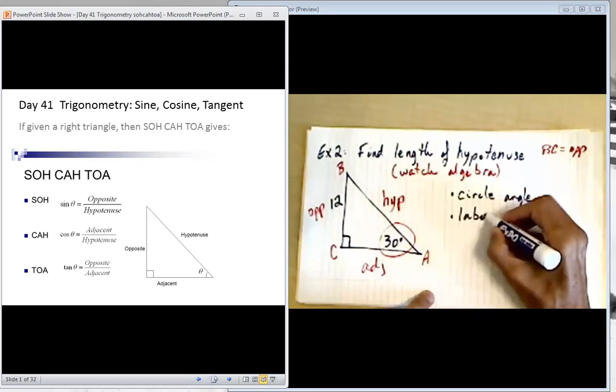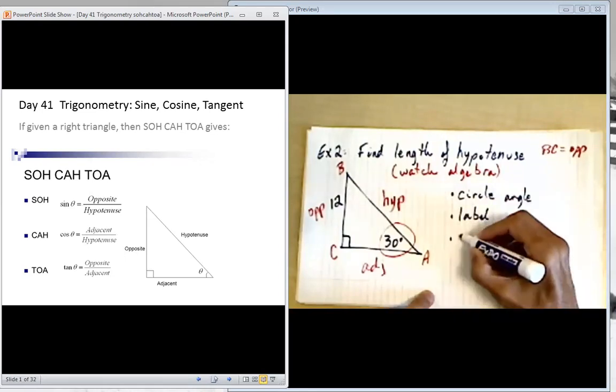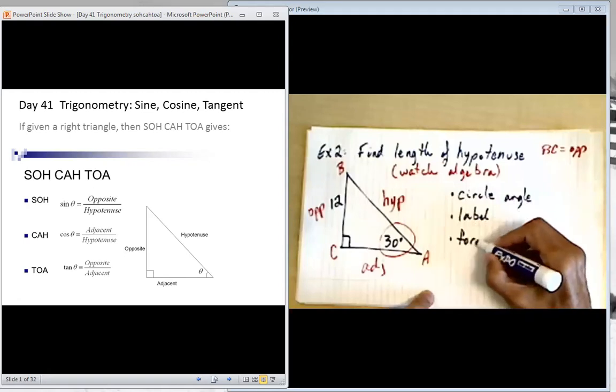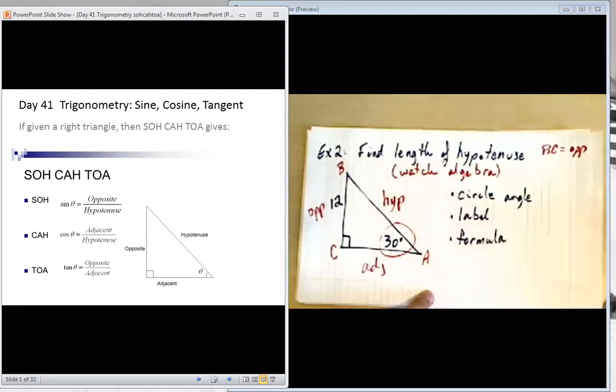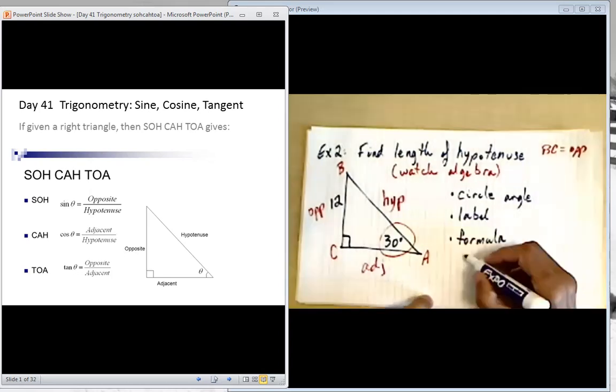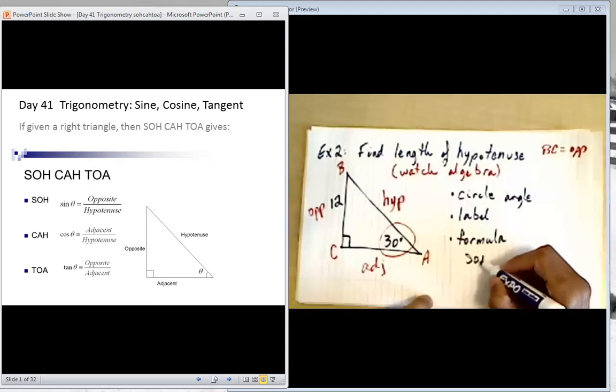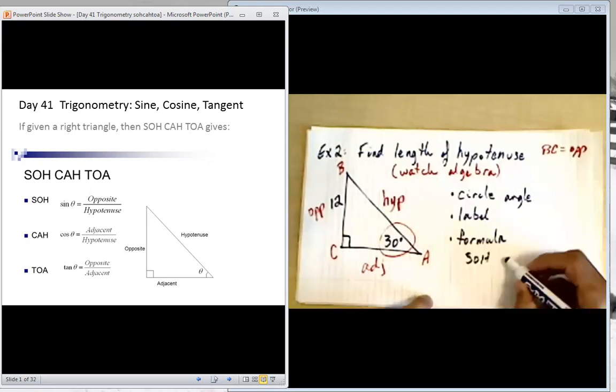Circle the angle, label. Which one? Big word? Yeah, what is it? So SOH CAH TOA. True.